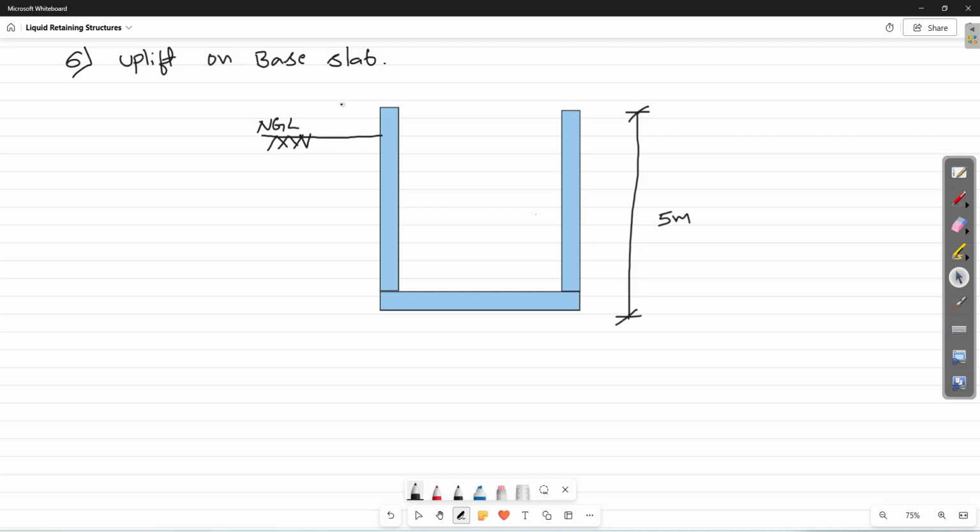The NGL is at a distance of 1 meter, and below this NGL, at a 2 meter distance, you have the presence of water table. Then the remaining distance will be 2 meters.